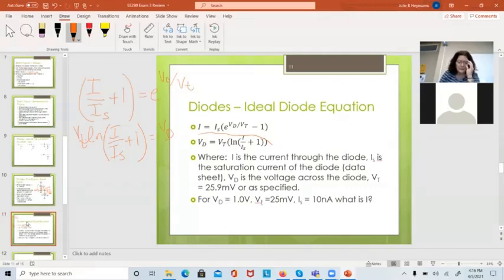So if I have VD equals 1 volt, and I'm given VT in this problem as 25 millivolts, and I don't go to the front page and calculate, I look up the 25.9, because I have a slightly different temperature. This is operating at a lower temperature. Could you calculate I? It would just be 10 nano times e to the 1 over 25 milli, and that whole thing minus 1. Do not underestimate my ability to twist that equation.